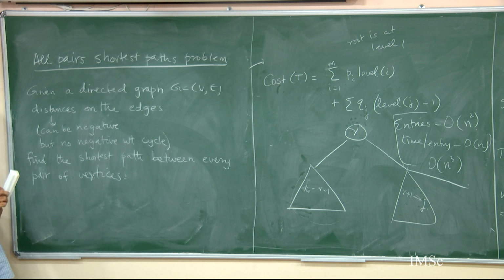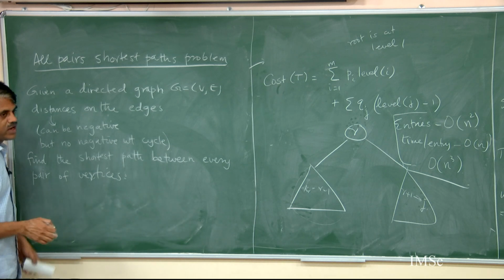We know how to find the shortest path from a single vertex to everybody else, right? This is what algorithm? Dijkstra's algorithm, if there are no negative edge weights. This is very crucial. Dijkstra's algorithm assumes that there are no negative edge weights.